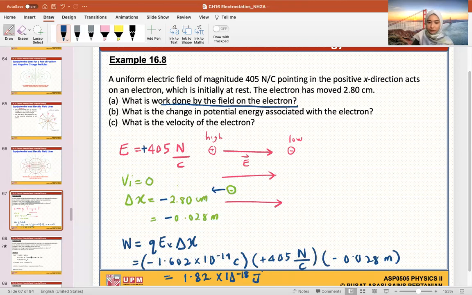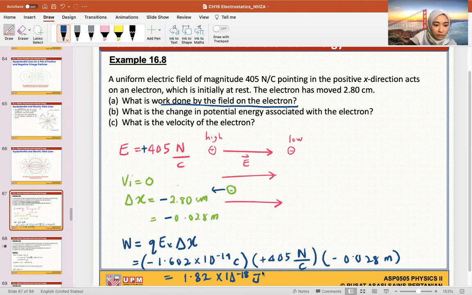Is that right? I didn't recalculate. 1.602 times 10 to the minus 19 times 405 times 0.028. 1.82 times 10 to the minus 15? Wait. What am I missing here? 2.8 centimeter divided by 100, 0.028. 405, 1.602.